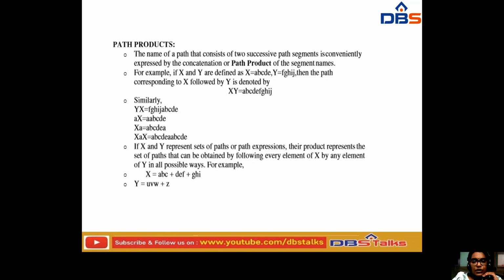Whatever the possible ways that we get, in all those possible ways we can find that element.